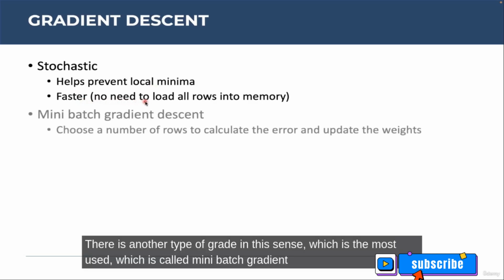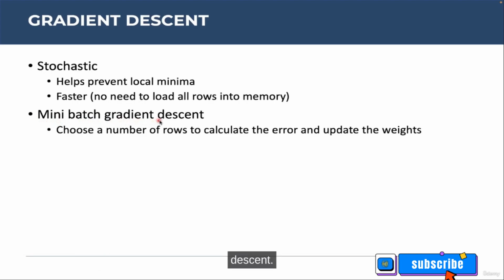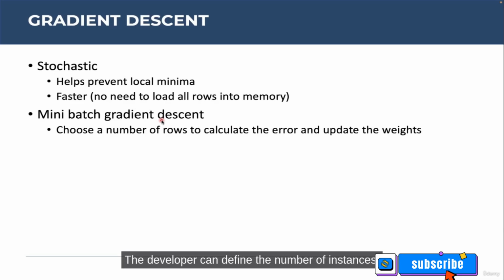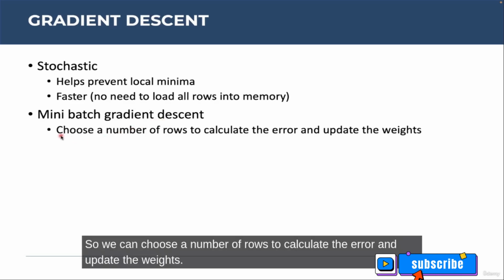There is another type of gradient descent, which is the most used, called mini-batch gradient descent, and it is a combination of batch gradient descent and stochastic gradient descent. The developer can define the number of instances, so we can choose a number of rows to calculate the error and update the weights.